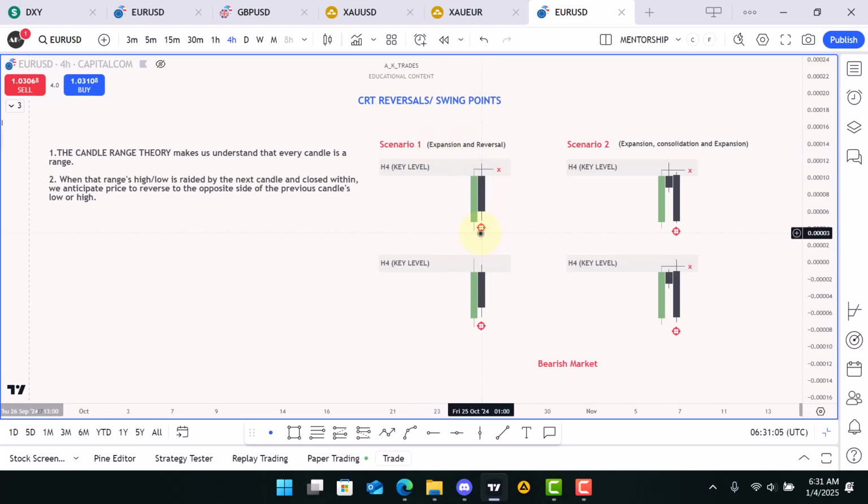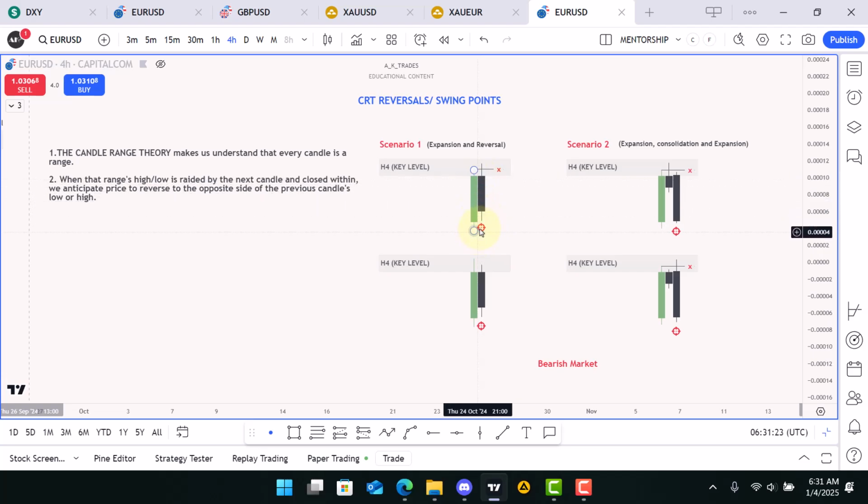Remember, always have the IPDA market cycle in your mind. This is an expansion and then reversal. So what we seek to do is to trade this reversal or expansion candle. This is what we are targeting.